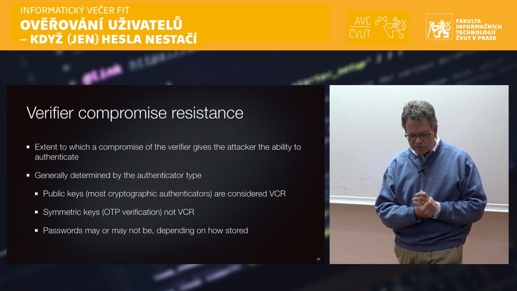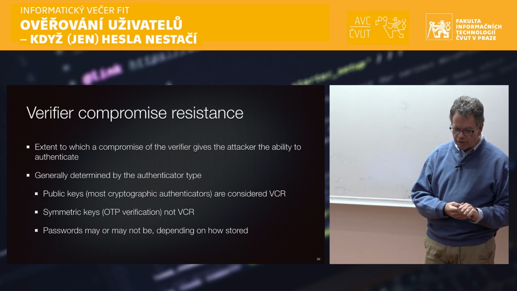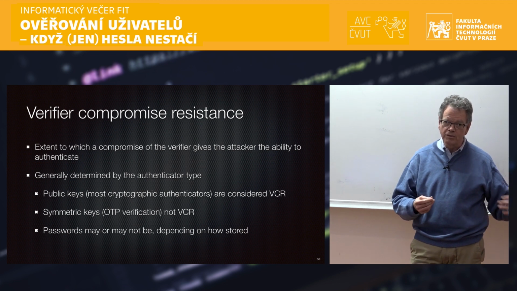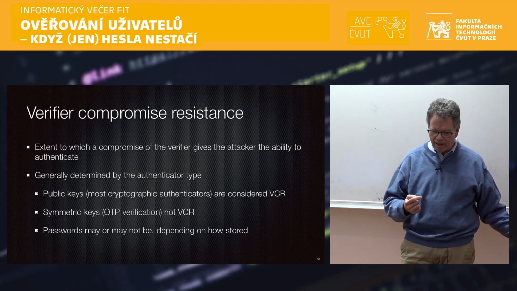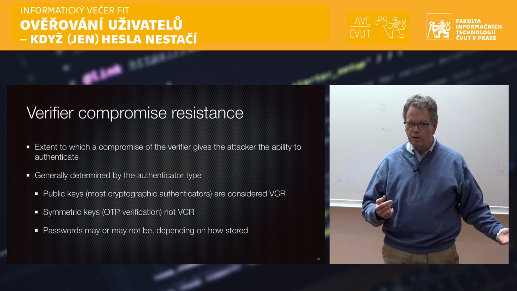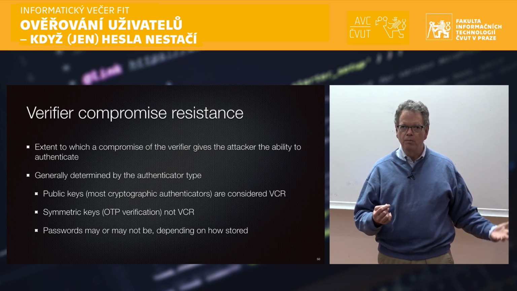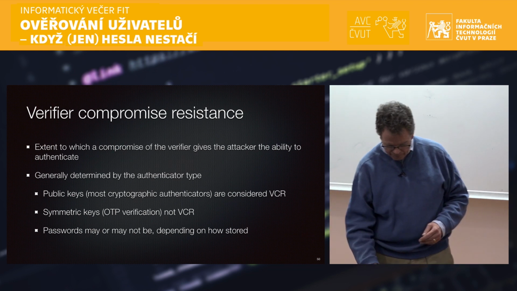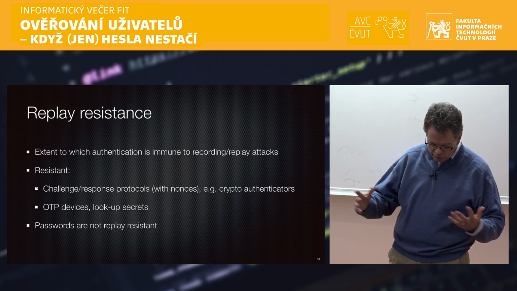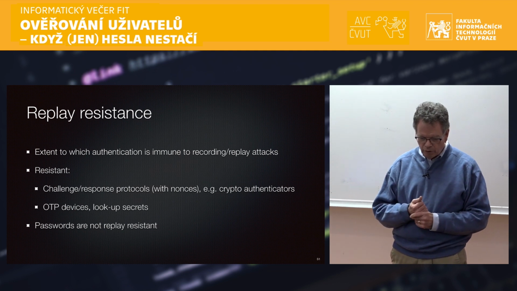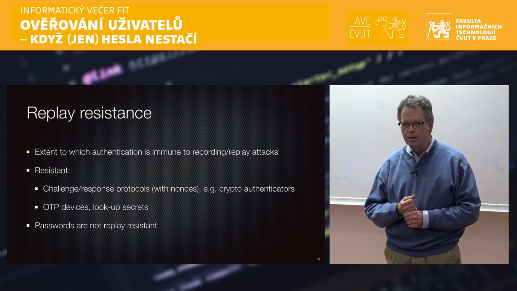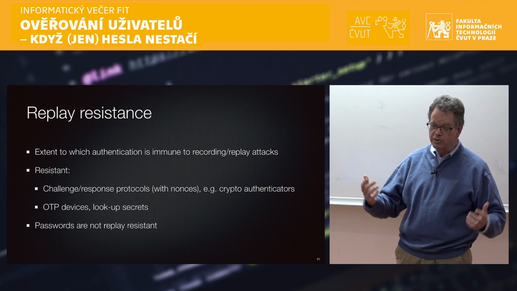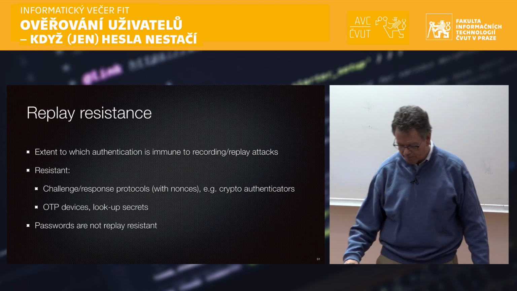Public keys are what we call verifier compromise resistant, which means somebody breaks into the verifier, into your website or something like that, and the information they're able to get there is not going to help them log in as a user. And then, of course, replay: you want things to be preferably challenge response and so forth. Passwords are not replay resistant. You enter the same thing every time.